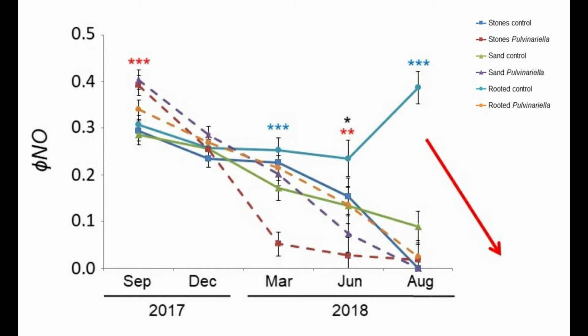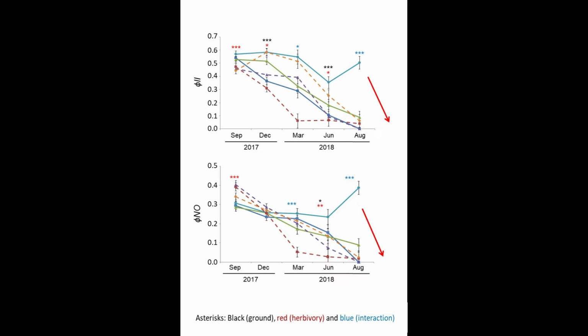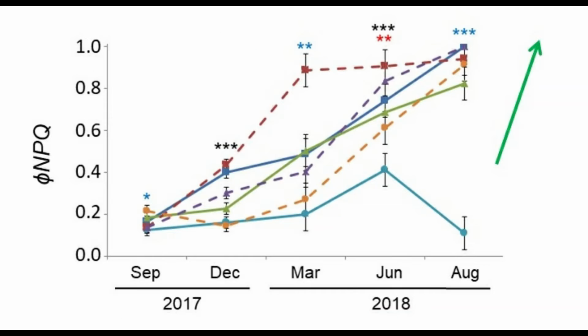This indicates that harmful byproducts for the plant are being produced over time and probably inhibit photosynthesis. For PhiNPQ, an opposite upward trend was observed, except for rooted control plants. This suggests that plants attacked by the insect were defending themselves from the stress they are undergoing.